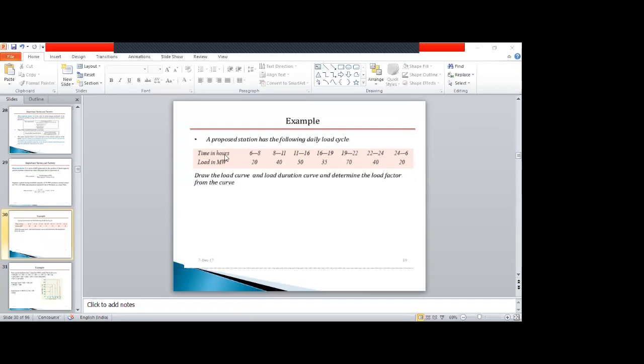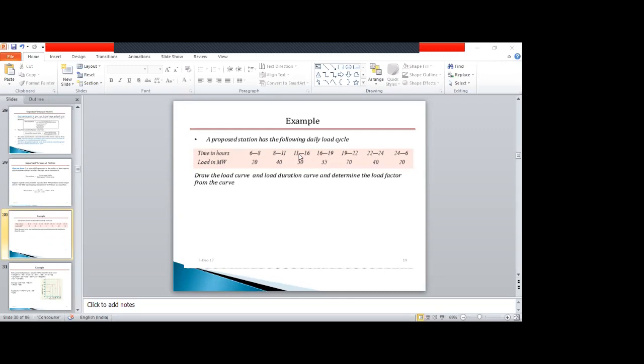Repeat. Time in hours: 6 to 8 a.m. load is 20 megawatts. 8 to 11 a.m., 40 megawatts. Then 11 to 16, of course we will have 11 to 12, then 13, 14, 15, 16, meaning 1, 2, 3, 4, 5 p.m. Then 16 to 19, 35 megawatts.